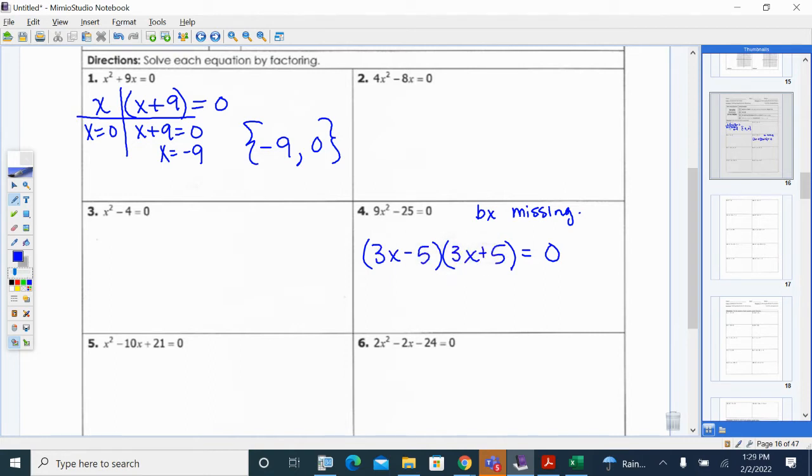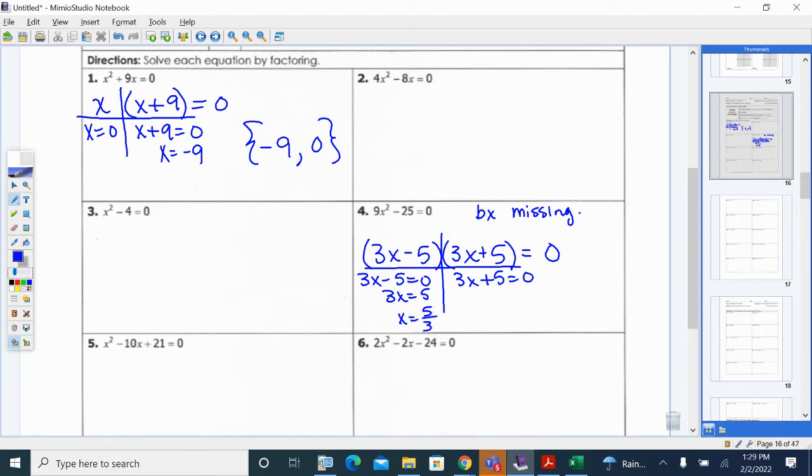Again, alternate your signs. So those are my two factors, and then what I'm going to do at that point is I'm going to take my two factors and I'm going to set them equal to 0 and solve. So 3x minus 5 equals 0. Add your 5 and you get 3x equals 5. Divide both sides by 3 and you get 5/3.